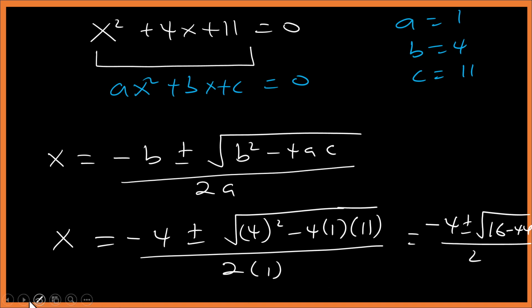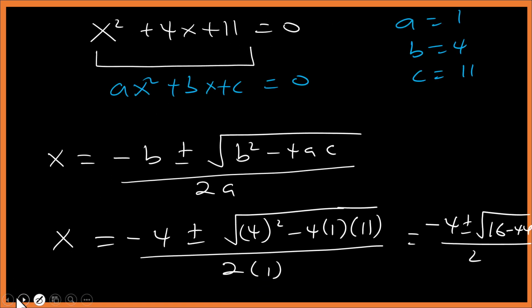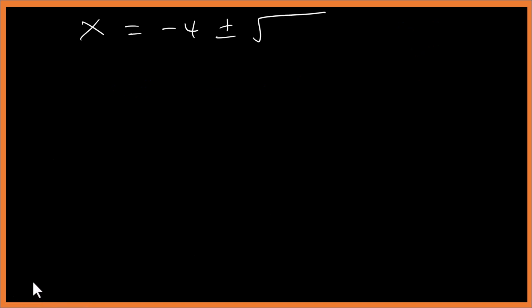So x equals minus 4 plus or minus, 16 minus 44, we have minus 28, on 2.